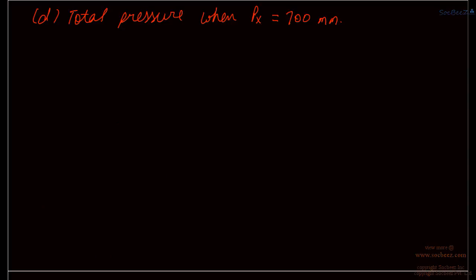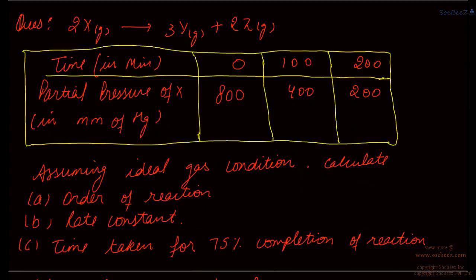Now by the given data we can observe, since the reaction in this case is 2x giving us 3y plus 2z, that T half of x is constant.